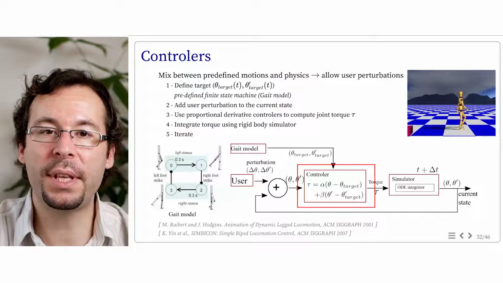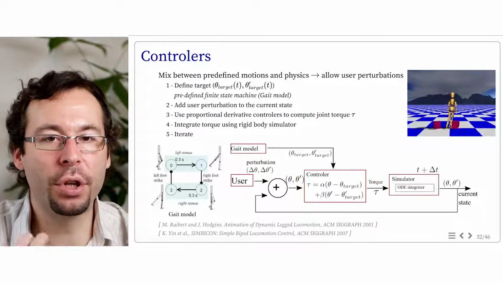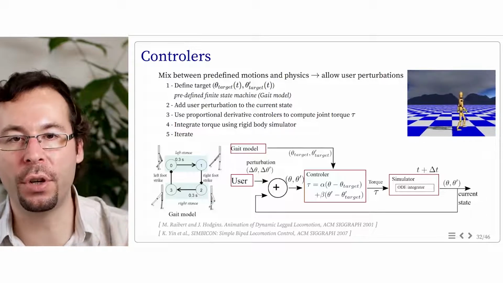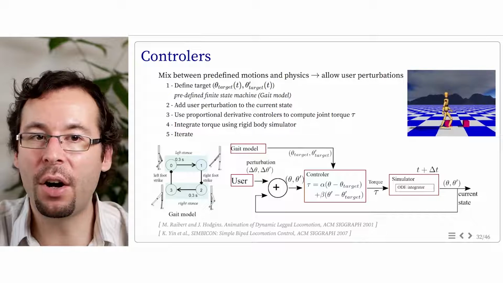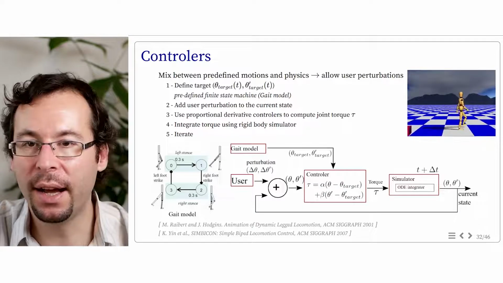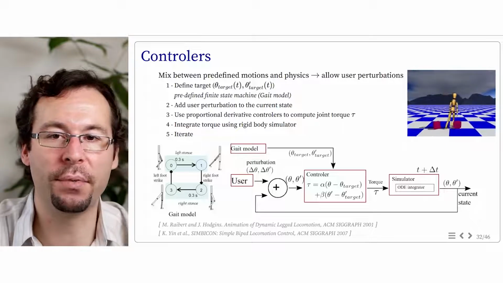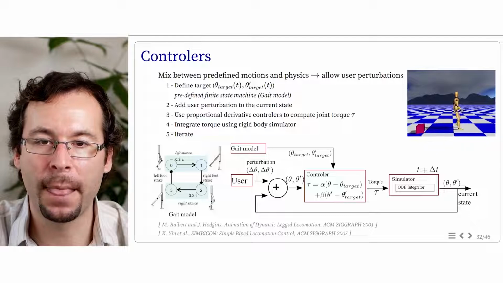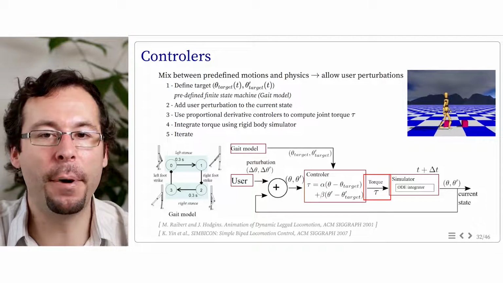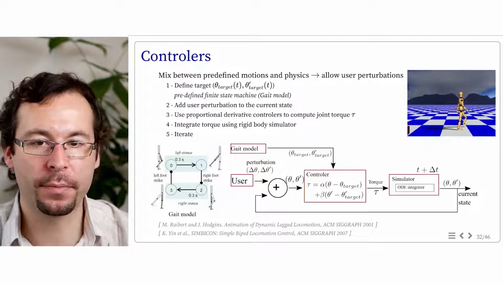The controller step is actually taking place on each joint and takes as input the current pose of each joint and the target one, and computes an error measure out of it. This error is inspired from proportional derivative controllers in automatics, and computes alpha times the difference of angles plus beta times the difference of the angular velocity. And this error is interpreted as a correcting force, or more precisely a torque, that should be applied to the joint.